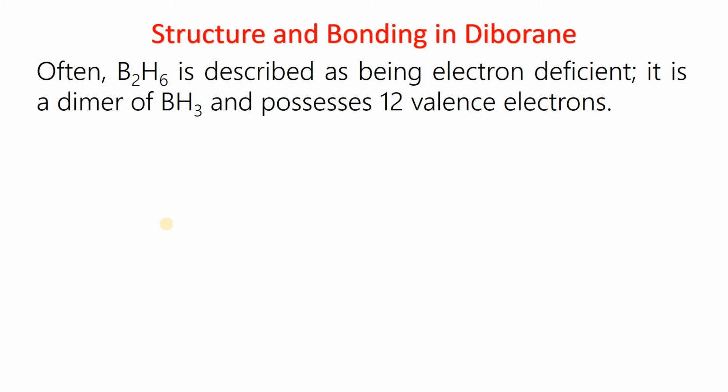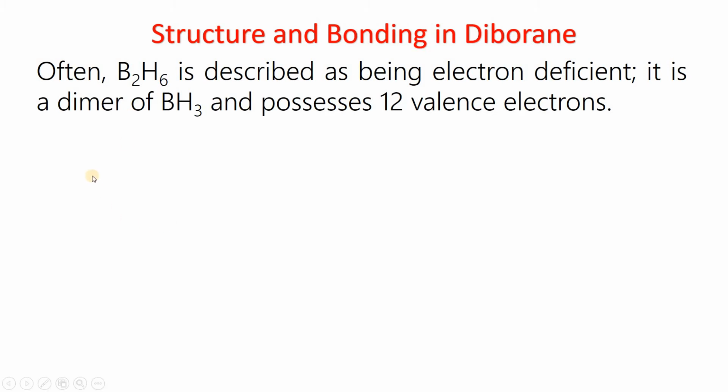The second is the Lipscomb topology. It describes the bonding by using a code STYX, but we are not going to discuss these two topologies here. We are using the concept of hybridization and the valence bond theory.